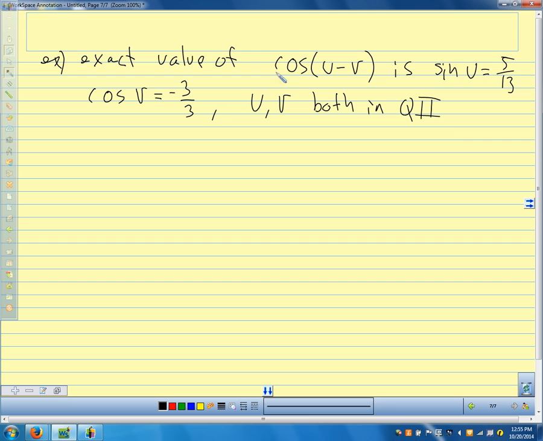All right, so we want cosine of u minus v. We have sine u and we have cosine v. This should be -3/5. What are we missing for our formula for cosine u minus v? I have sine u and I have cosine v. What else do I need?